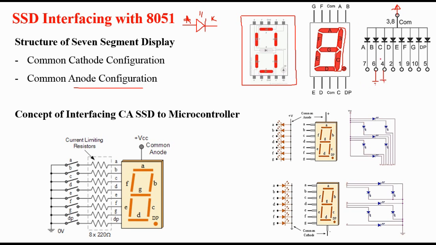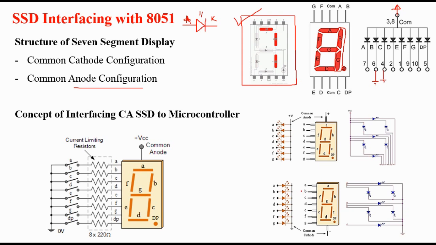The moment both get grounded, the current will start flowing through these B and C LEDs, and B and C will start glowing, and in this way you can observe 1 on the display. Here you can see the LEDs are shown with the particular segments glowing, and as per that you can observe the digits getting printed.